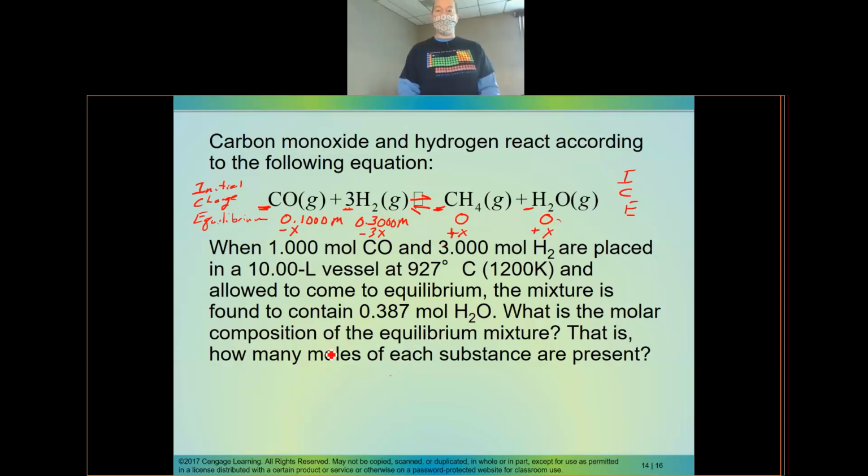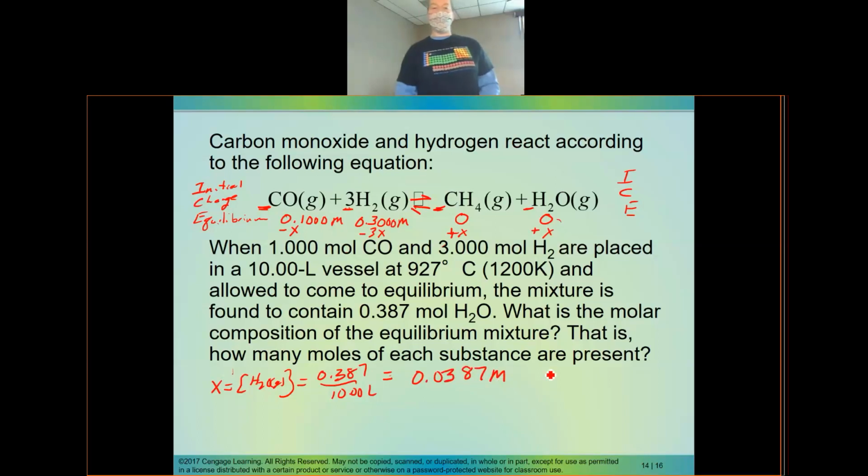All right, so now it says that we found 0.387 moles of water. And so I now have a number for x. Now I know that x is equal to the concentration of H2O gas, and that is equal to the 0.387 moles in our 10-liter vessel. We get our x value always in molarity: 0.0387 molar.